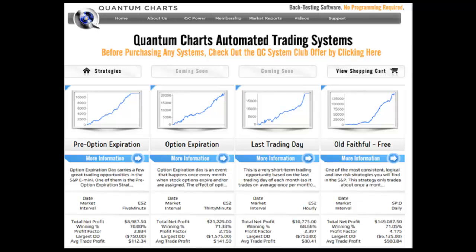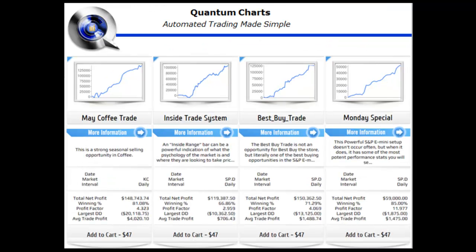And again, these are free when you subscribe to Quantum Charts. Here's a couple of other different types of trades. There's a May Coffee trade, an inside bar trading system, a Best Buy trade, and a Monday special. So you can see that the possibilities are endless with Quantum Charts, and we certainly will help you get started with those.